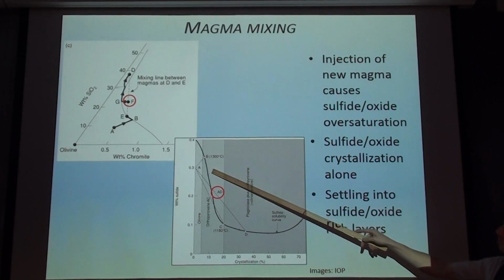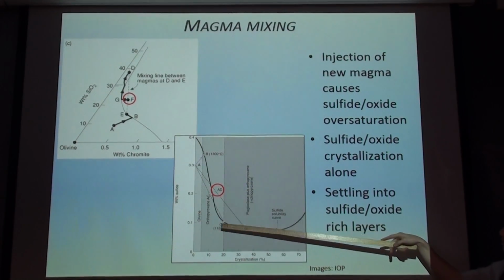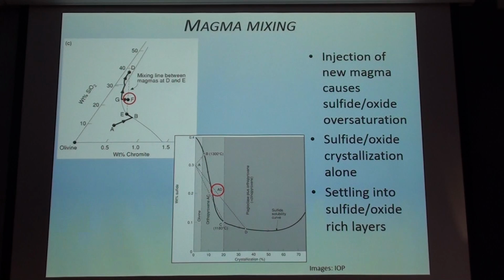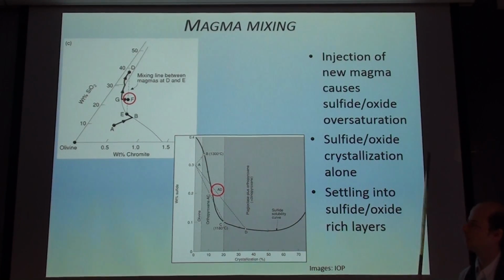So we start to crystallize sulfides as well, together with all the pyroxenes, and then later plagioclase plus all the pyroxene. And again, let's say when we reach the lower temperature point D, we inject a new magma batch with the same composition there.